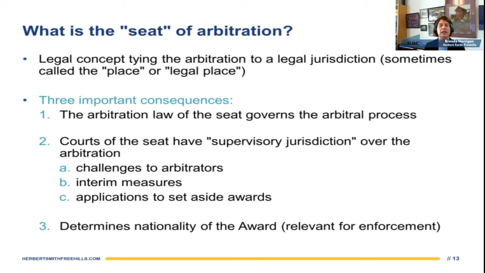What you want in your seat is an arbitration-friendly jurisdiction that has very strong courts that are very pro-arbitration with a strong history of adherence to the rule of law. So any of the major seats around the world fit that category, but placing your arbitration in less known jurisdictions may bring questions.